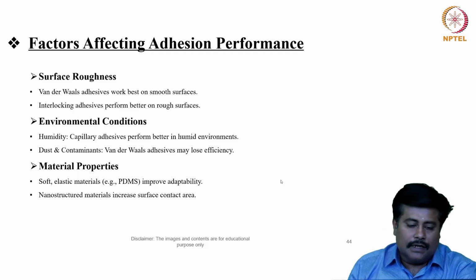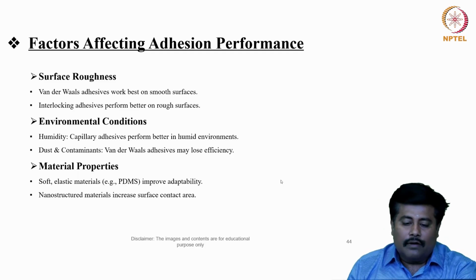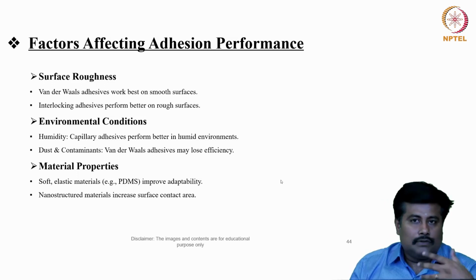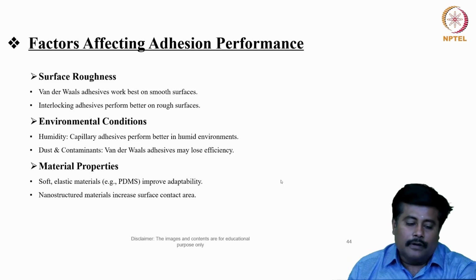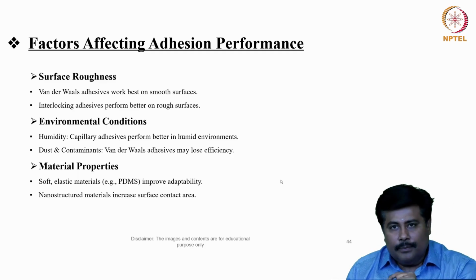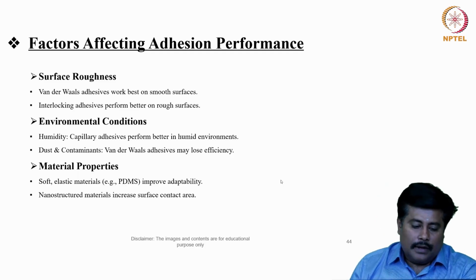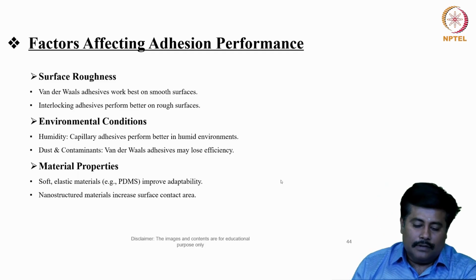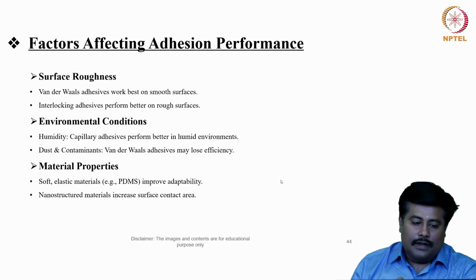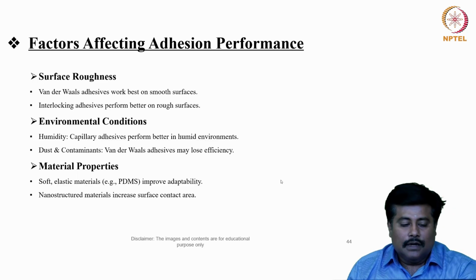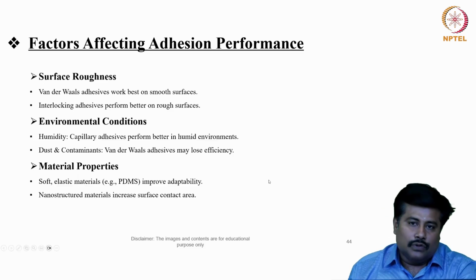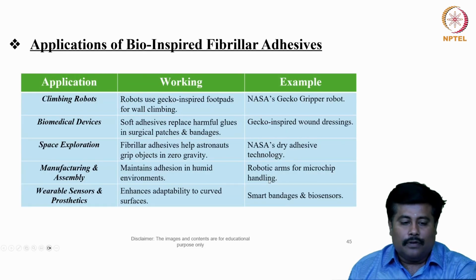As far as dust and contamination are concerned, van der Waals adhesives may lose efficacy based on the different environmental conditions. With reference to material properties, these are soft, elastic materials, which improve adaptability, and nanostructured materials with increased surface contact area. These are some of the key properties that come into the picture with reference to adhesion performance.